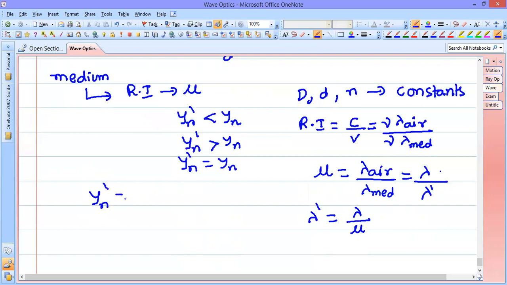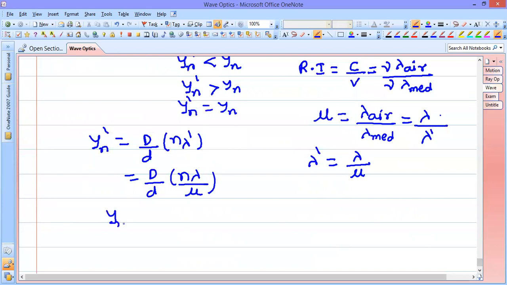So yn dash is equal to capital D by small d times n into lambda dash, that is nothing but n times lambda by mu. So yn dash is equal to yn by mu.